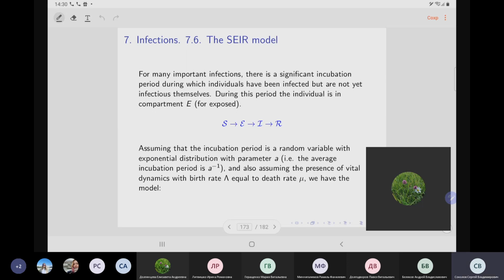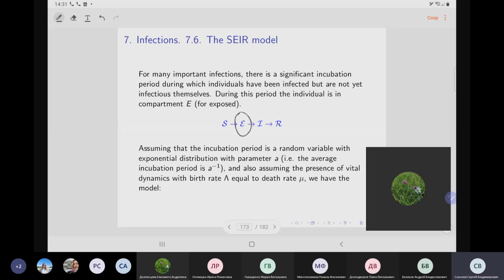Next, there is an additional model. Sometimes there are exposed: the number of the infected who are infected yet, but who do not infect others. So they are sick, but they are not dangerous for susceptibles.